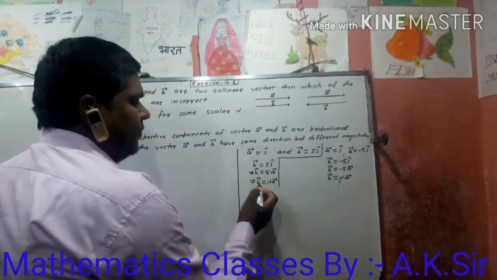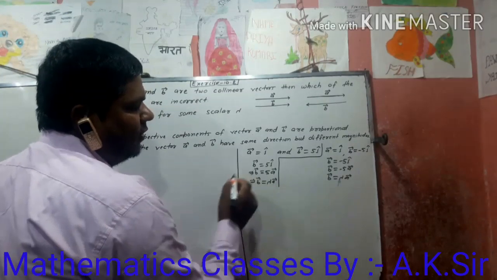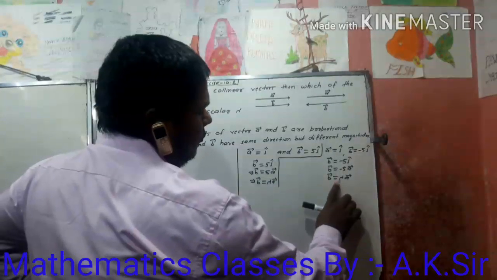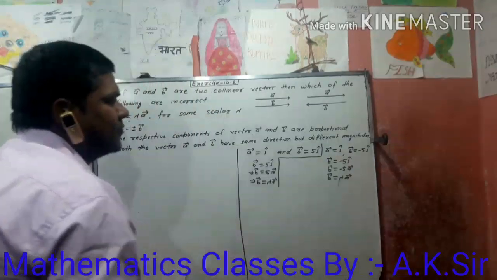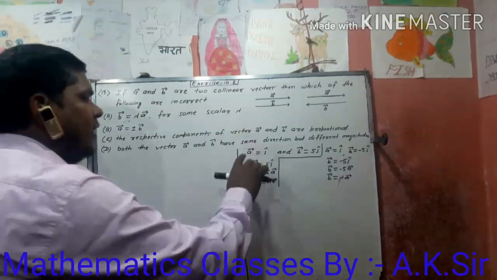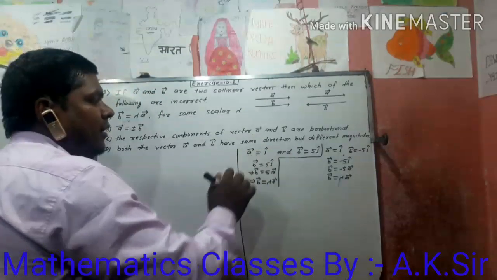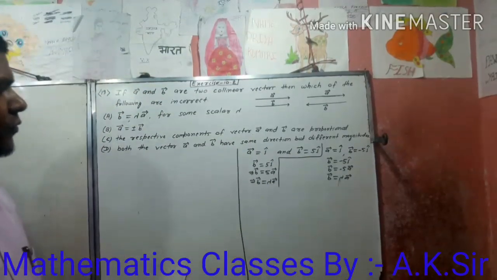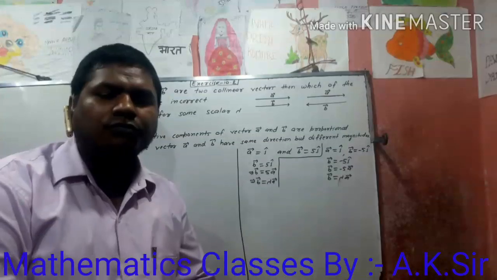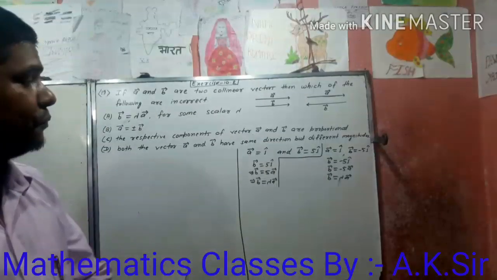We see here B vector is equal to lambda A vector. Here also B vector is equal to lambda A vector. In the given example, A vector and B vector are parallel to each other because both are present on the x-axis.